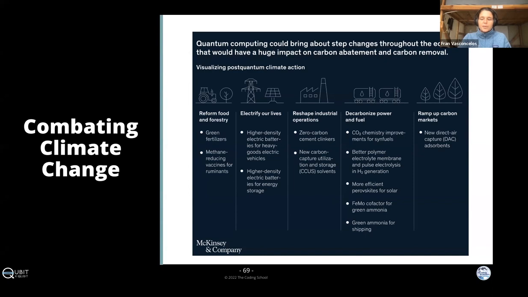Agriculture is just one example, but there are a lot of other aspects of our world in which we could apply quantum computers to improve things like supply chain and fuel, things like that.